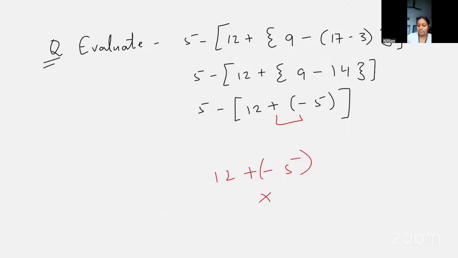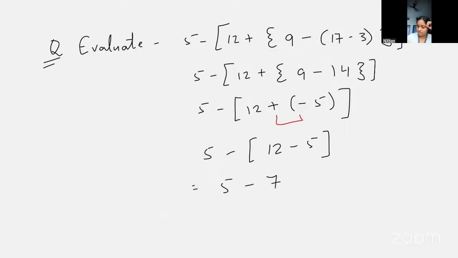I have to put the minus in a bracket, because I cannot just write two signs together. So then I will evaluate the signs. 5 minus 12 plus minus minus 5. Plus minus minus, so 12 minus 5. 12 minus 5, how much? 7.